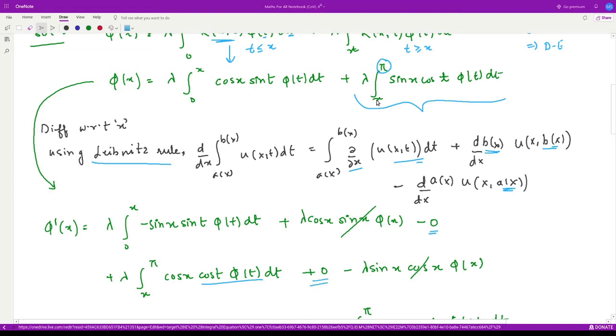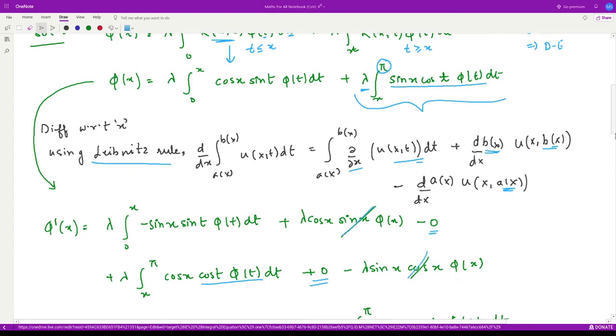And then the derivative of the lower limit, x with respect to x, would be 1. Lambda into 1 into this whole term where we replace t with the lower limit x. So it would be this. Now you see this term is the same as this term, so we cancel these two terms and we are left with these two terms.